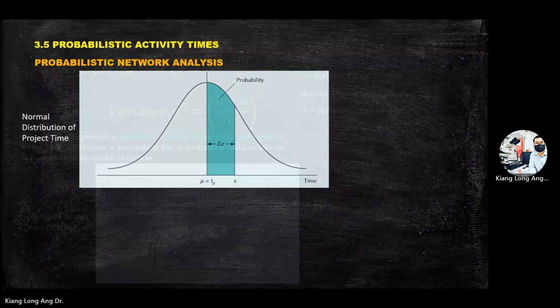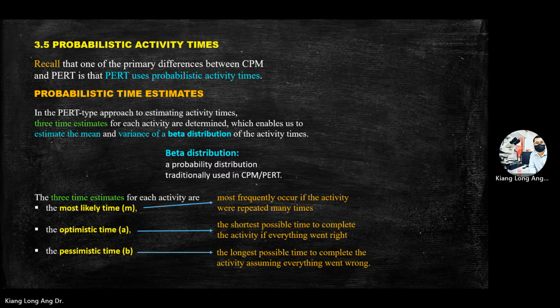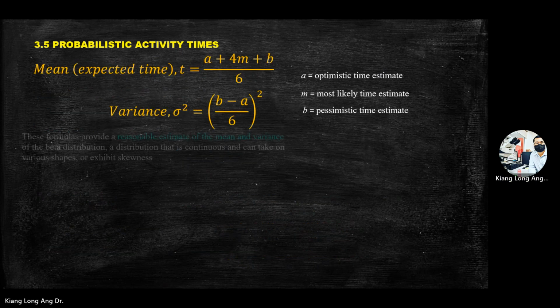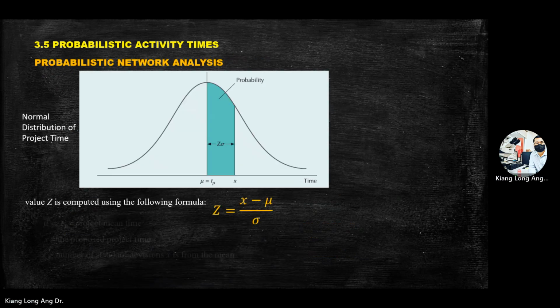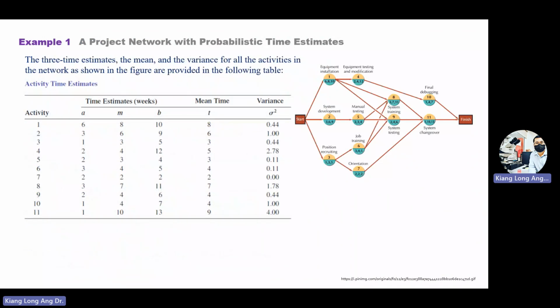Optimistic is the shortest possible. Pessimistic is the longest possible. Okay. The rest is just application of the equation. What is important is the interpretation of the numbers that you calculate.